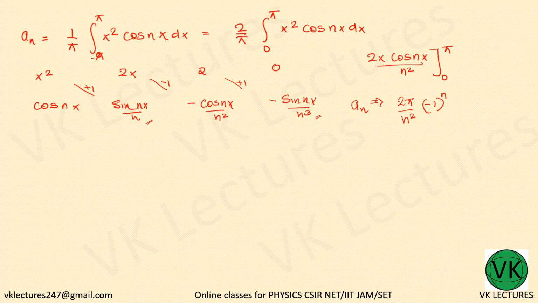So here we have to multiply by 2 by pi, since this is only the integral of x square cos nx dx. So what we get is pi gets cancelled, so an is equal to 4 by n square into minus 1 whole to the power n, and a naught equal to 2 pi square by 3.